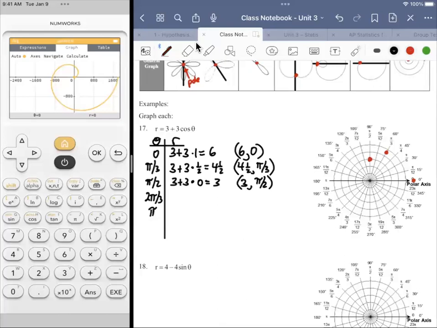Two pi over 3. So 3 plus 3 times a negative 1/2 is going to be 1/2. Oh, sorry, 1.5, because it's 3 minus 1.5. So 1.5 steps in the direction of 2 pi over 3.